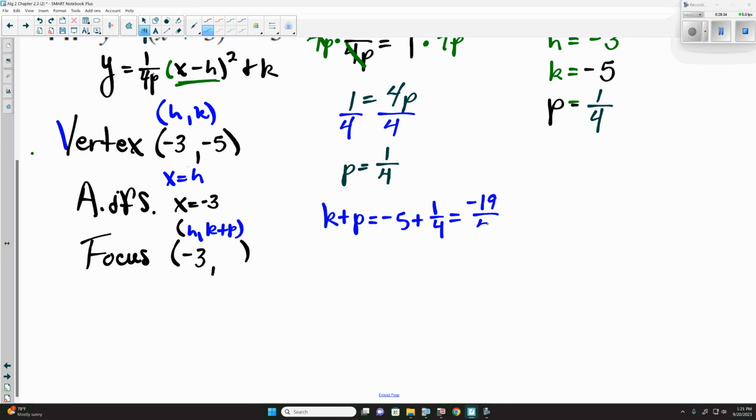I'm just going to write it as -19/4. You can write it as -4.75, or it is -4 3/4, because we're adding a positive and a negative together.